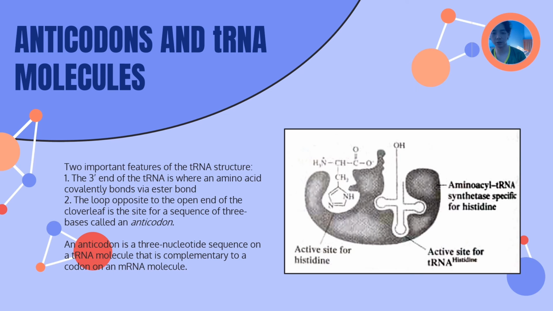These enzymes also recognize the one kind of amino acid that belongs with a particular tRNA and facilitate its bonding to the tRNA. Second, the loop opposite to the open end of the cloverleaf is the site for a sequence of three bases called an anticodon. An anticodon is a 3 nucleotide sequence on a tRNA molecule that is complementary to a codon on an mRNA molecule.